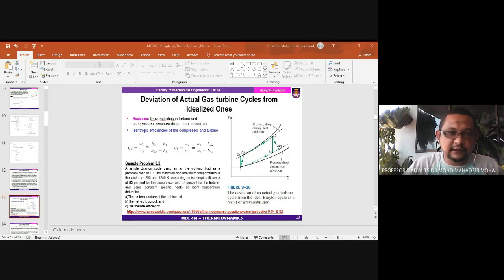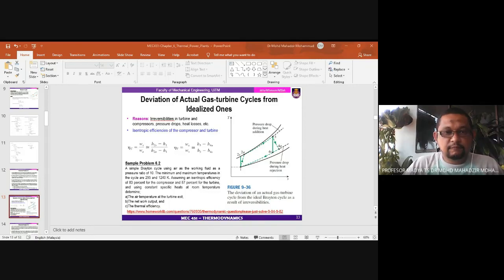We took T2 prime, actual or ideal? This is the actual value of T2. Next, find based on the efficiency of the turbine, so you will get the actual temperature for temperature number 4. This is actual.